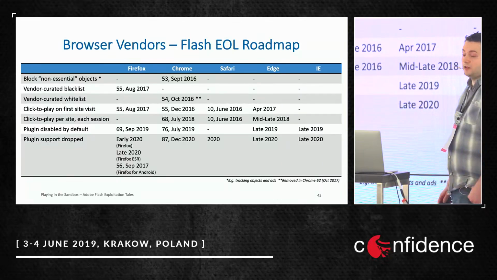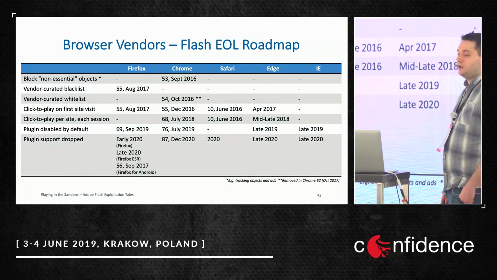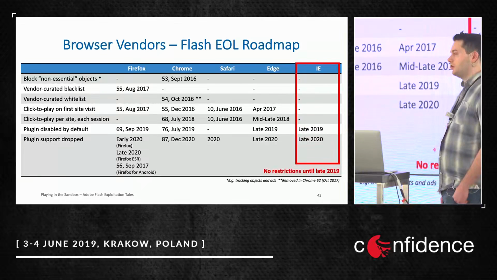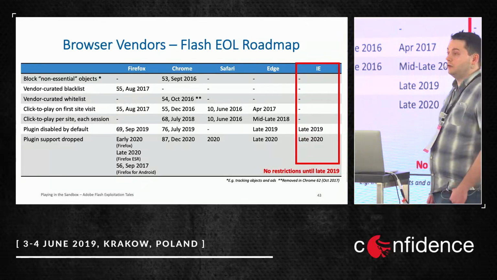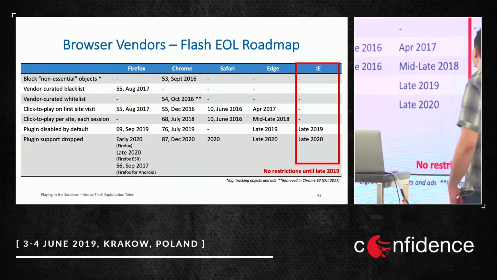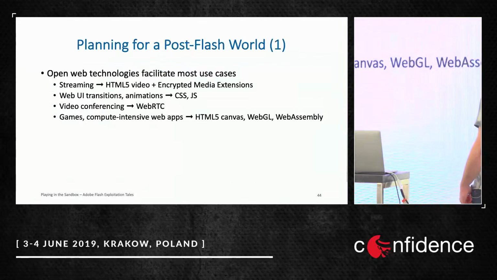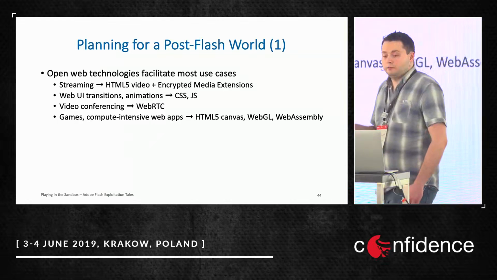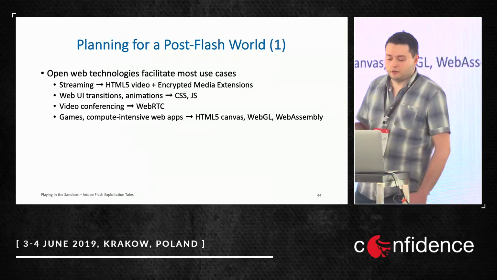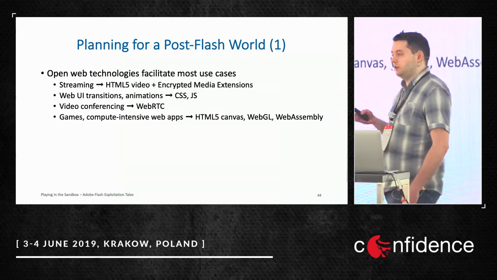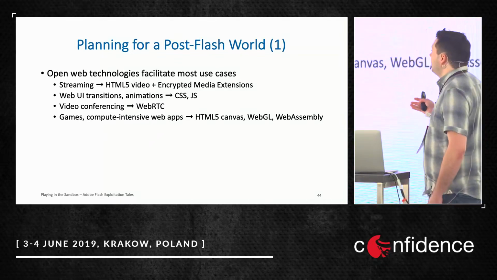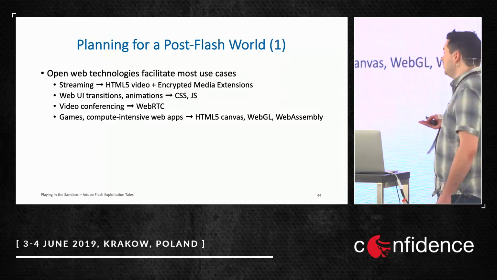What is interesting, though, is that Internet Explorer is an exception to this, because there are no restrictions to Flash until late this year. In response to web browser vendors deprecating Flash, the web has moved to open web technologies. For streaming, there's HTML5 video.